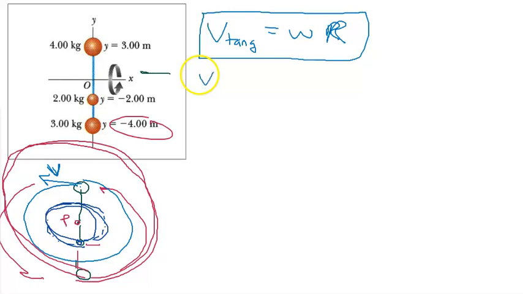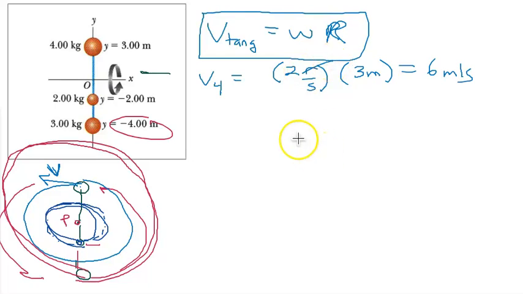And omega was 2. So I know you can do this in your head. I'll do one of them for you. The speed of the 4 was 2 radians per second times 3 meters away. So again, the radian is just going to disappear because it's not really a unit, it's a ratio.